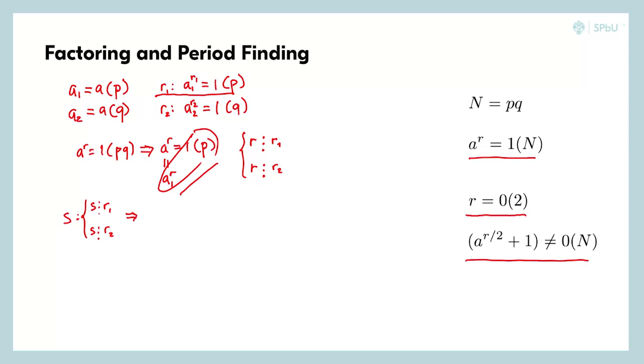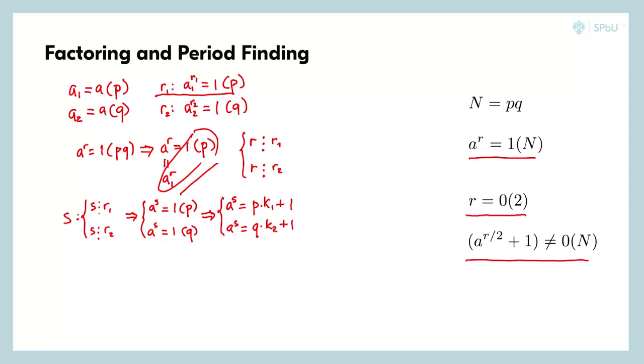Then a to the power s equals 1 modulo p, and also it equals 1 modulo q at the same time, which we can write like a to the power s equals p multiplied by some integer k1 plus 1, and at the same time a to the power s equals q multiplied by some integer k2 plus 1.